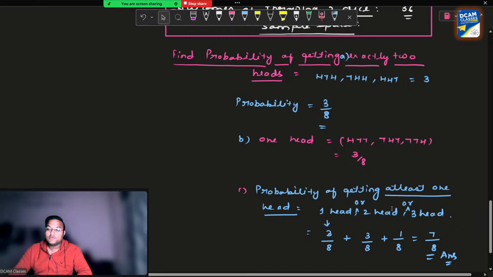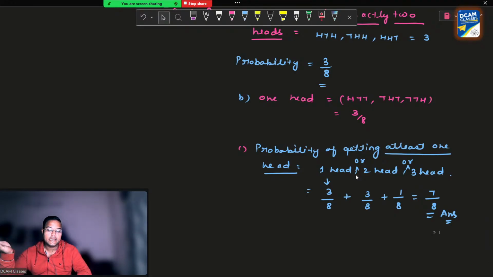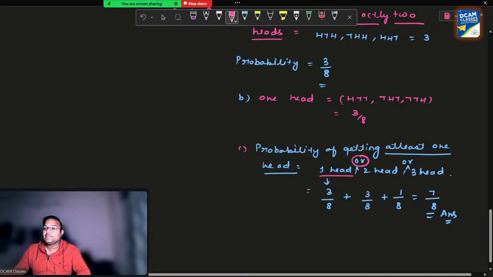See what I have used. Getting at least one head means I can get one head, or two heads, or three heads. More than 3 is not possible because only 3 coins are there. The probability of getting one head is 3 by 8.